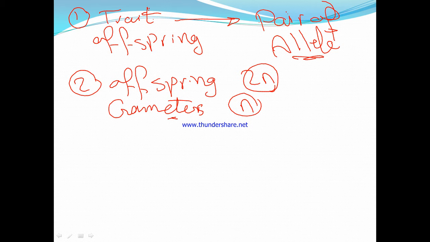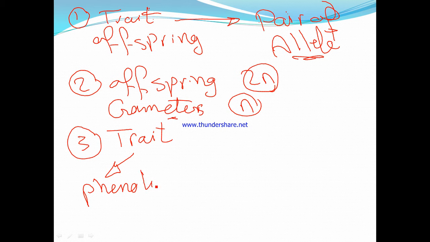Okay? Point 3, the trait is represented by 2 terms. Number 1, phenotype. Number 2, genotype. The term type means model.